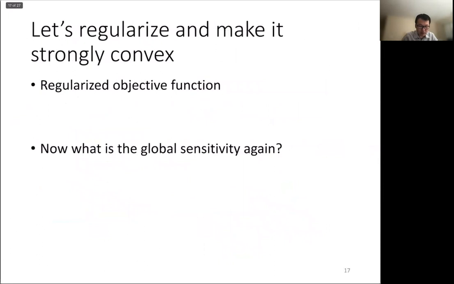Okay, so the big idea here is to regularize the objective function, so that when we are working with a regularized objective function, the global sensitivity can actually be bounded, right?